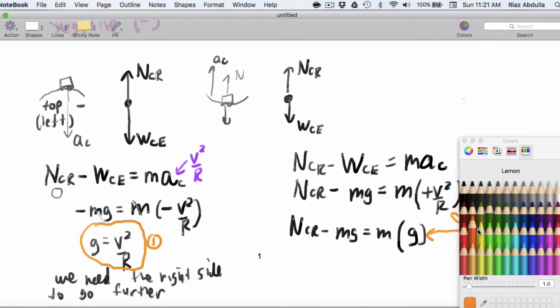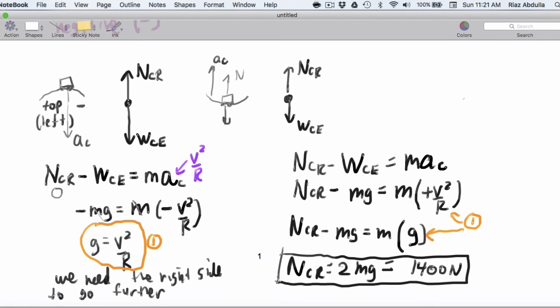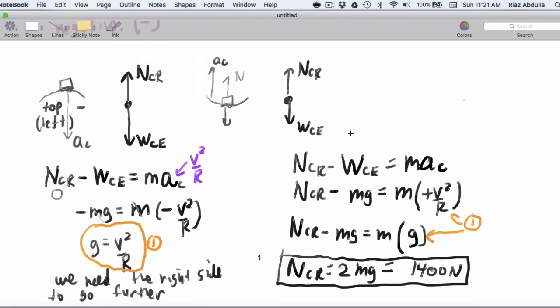And so what I conclude is that my normal force on the car is in fact equal to 2 mg. And when I actually calculate that out, that's going to be 70 times 10 times 2, 1,400 newtons worth of force. So that's problem number 1.